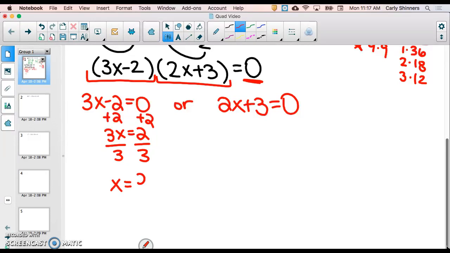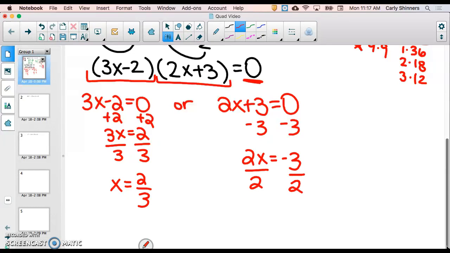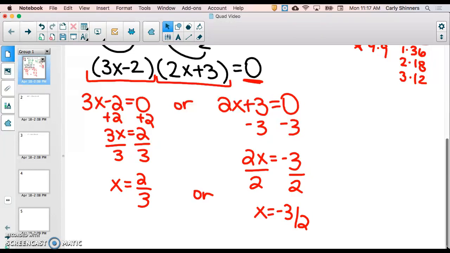And I get x equals 2/3. Or x equals negative 3/2.